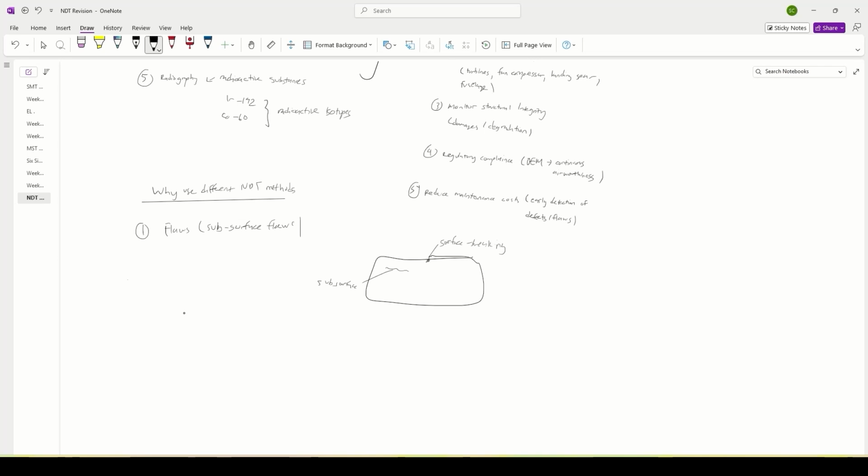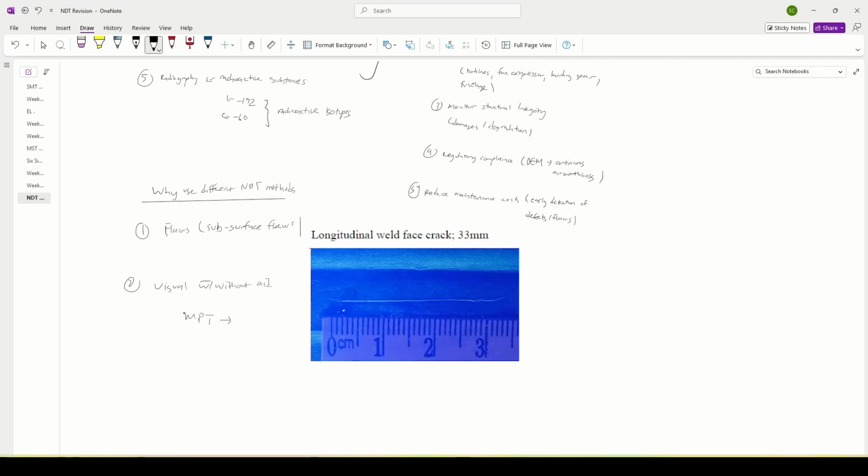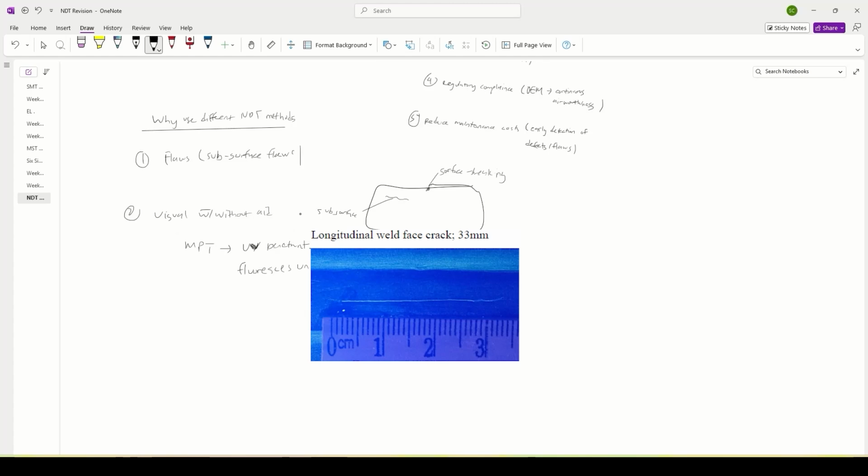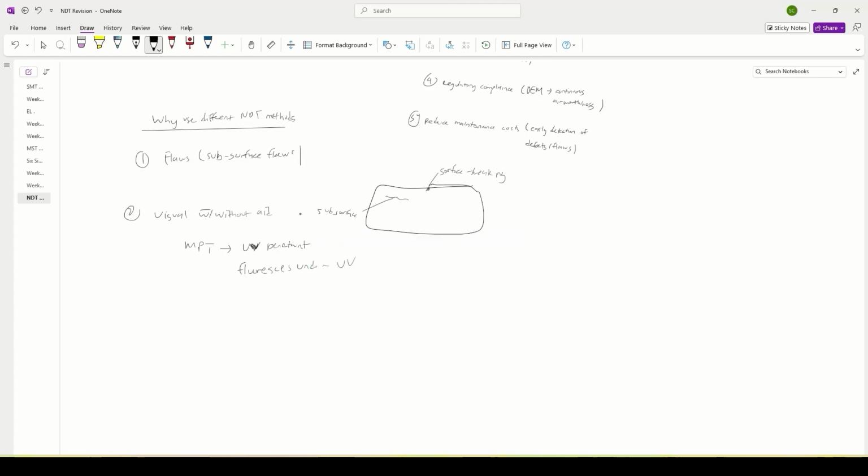Second is visual, with or without aid. So for example, magnetic particle testing uses a UV penetrant versus under UV. Different types of visual inspection, such as under visible light. Some of the penetrants and developers require UV light.